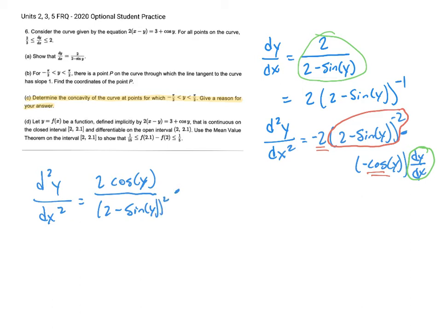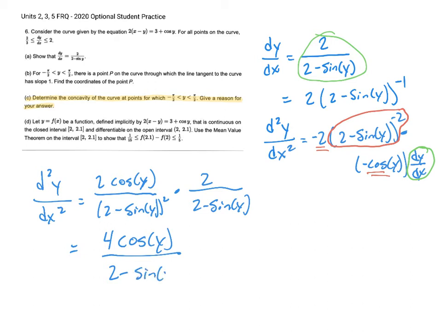And then remember, we're multiplying by the derivative, which is 2 over 2 minus sine y. Okay, so finishing this second derivative off so we can examine it, I'm going to have in the numerator 4 cosine y, and in the denominator, I'm going to have 2 minus sine y to the third power.